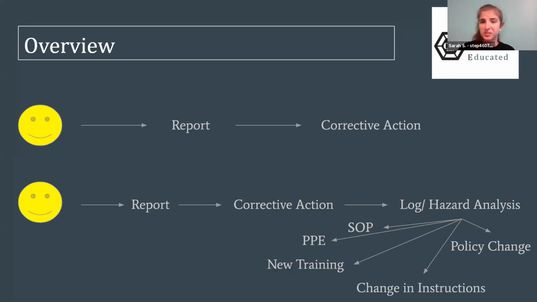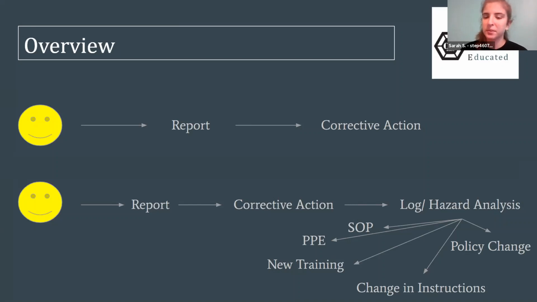Do we have to change instructions, so that instead of doing it this way, you have to make sure that you're discussing it in a certain way? Or do you need a policy change? Is there something wrong with your manual? Is there a loophole or something like that? So this leads to a broader discussion of why this is happening.